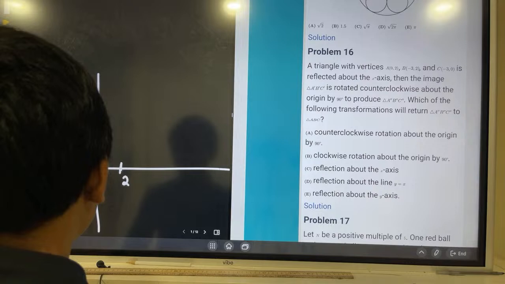This is just 9 root 5 over 20 now, isn't it? And then this length right here is going to be 18 over 4 and 9 over 4. So it's going to be 9 over 4 root 5. So 9 root 5 over 4.